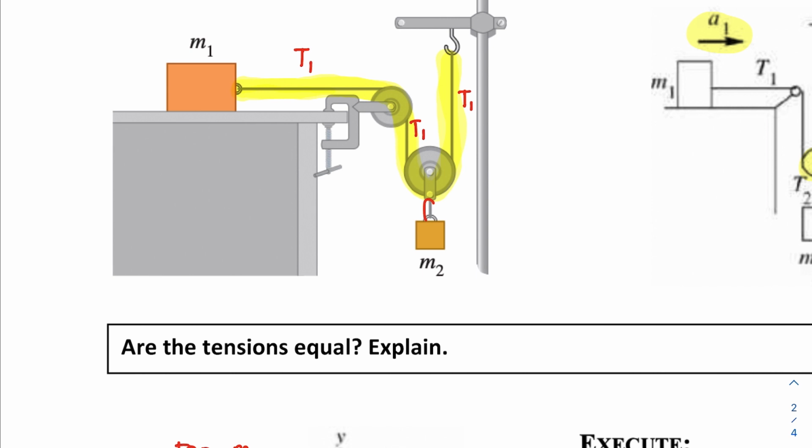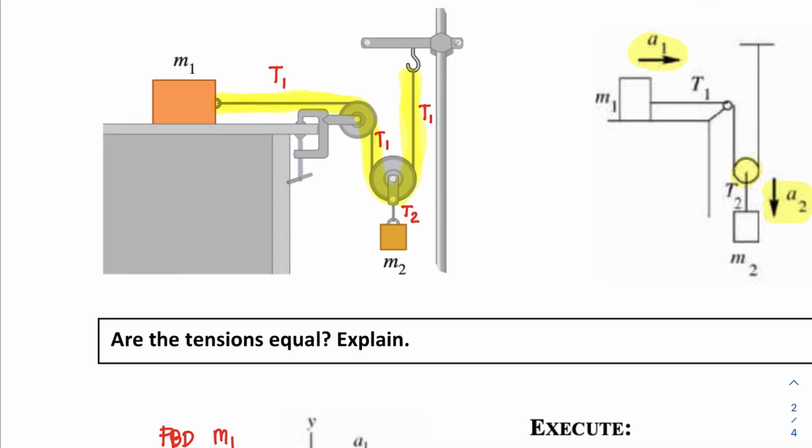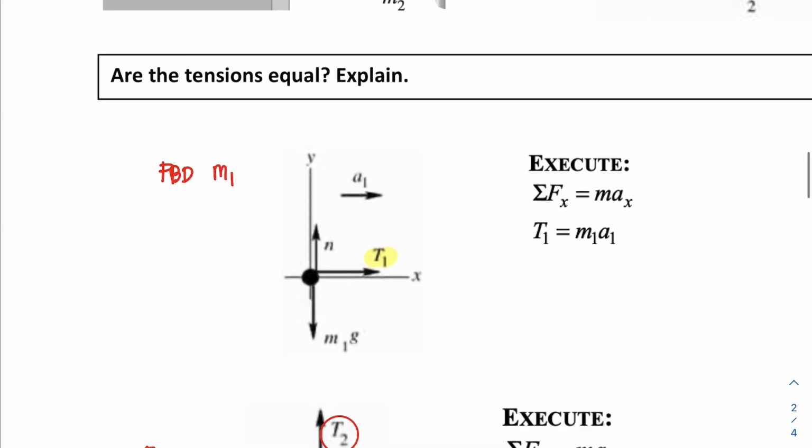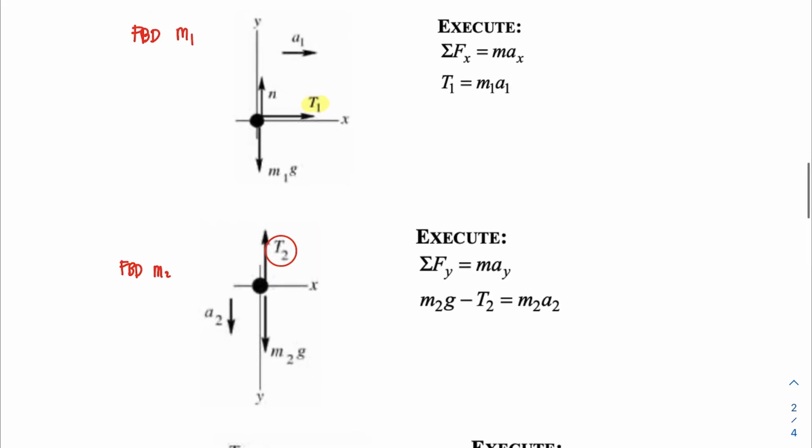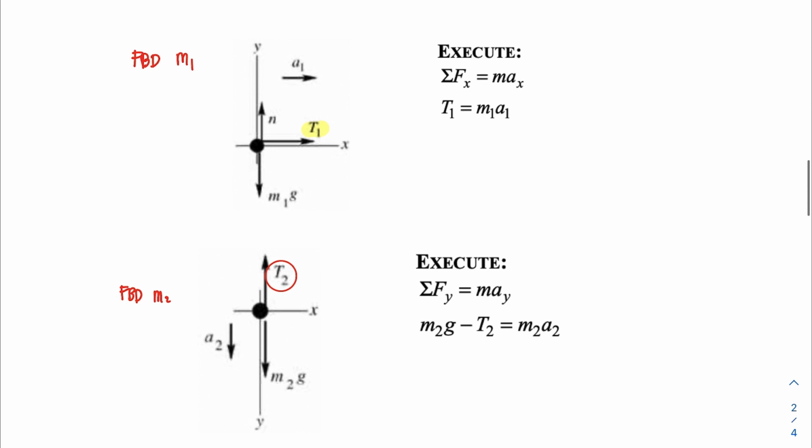Because the small cable that you are seeing here is not connected continuously, or is not the same cable as the T1 above, the one highlighted in yellow. So this should rightfully be a different tension force, labeled appropriately as a distinct tension. Hence the notation T2. That's why in your free body diagram, it has a different tension force T2.